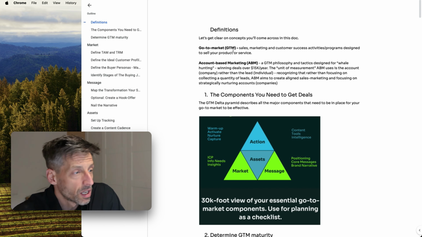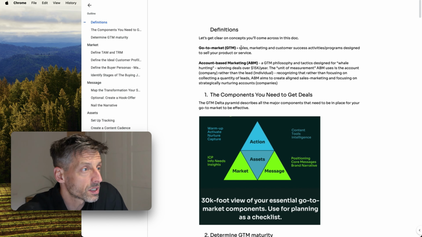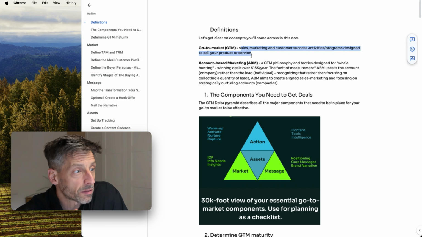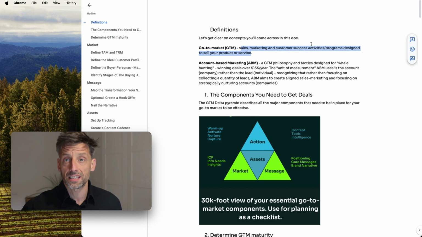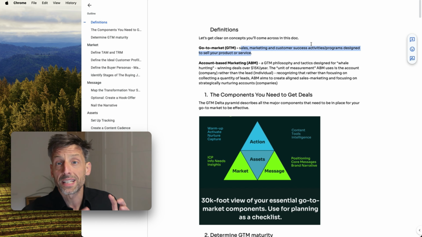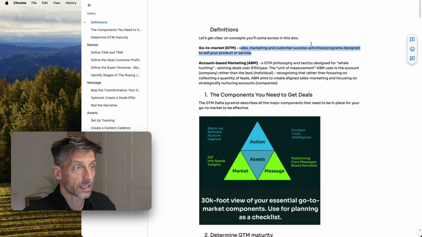Well, we've swapped the word marketing and sometimes even sales in a lot of contexts to go-to-market, because when we're speaking about B2B campaigns, we're talking about sales, marketing, and sometimes even customer success activities that get people to spend money with your company, that get people to buy your product and service and then repurchase it, renew, and expand in its usage.